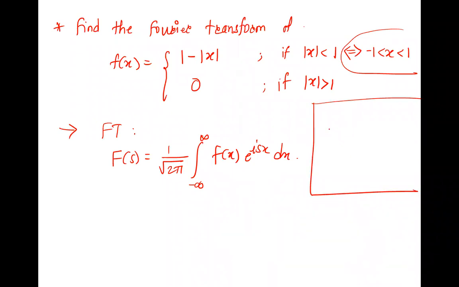Remember, mod x is minus x in, and plus x in. All the negatives, if you write negative here, it will become positive. So minus infinity to 0 it is minus x, and 0 to infinity, it is plus x. This is the definition of mod x. Please remember, I told you. Okay, chalo. So we'll write the Fourier transform here.